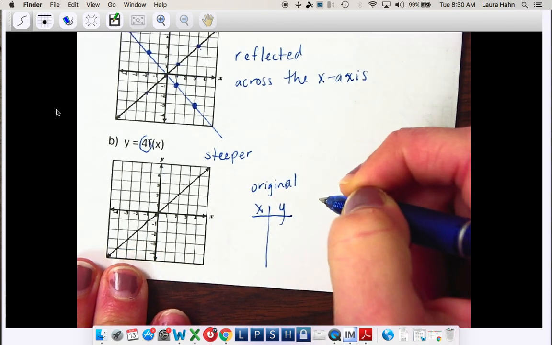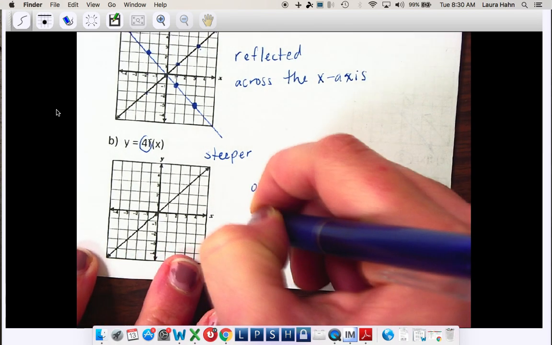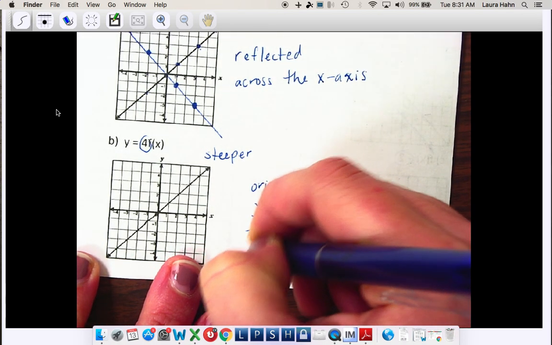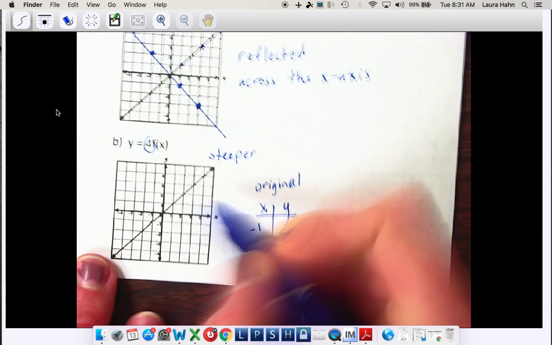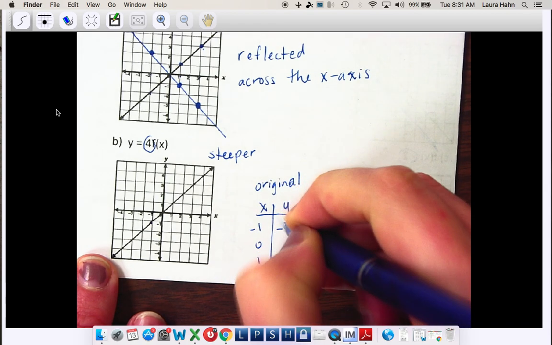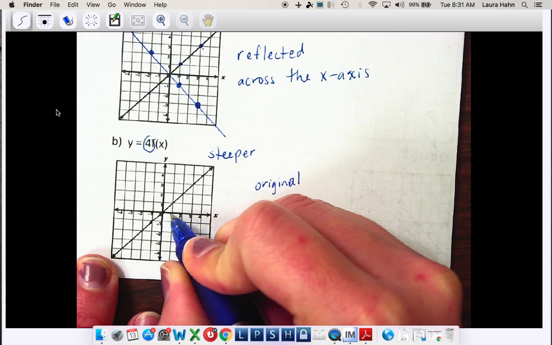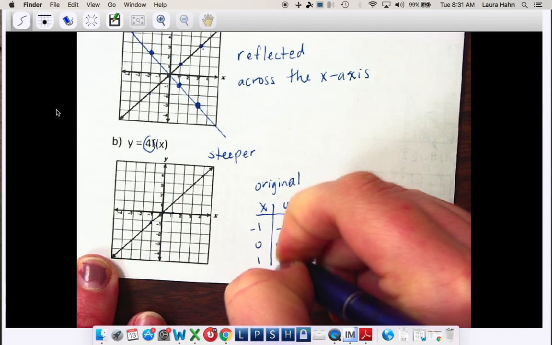I'm just going to pick 3. I'm going to pick -1, 0, and 1. When x is -1, my y was also -1. When x is 0, my y was also 0. And when x is 1, my y was also 1.